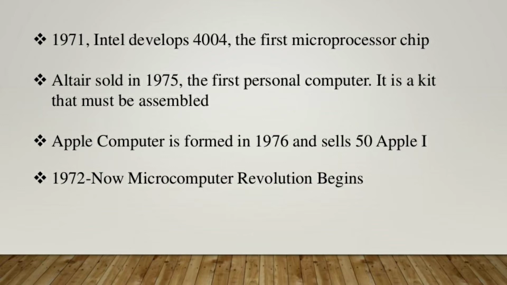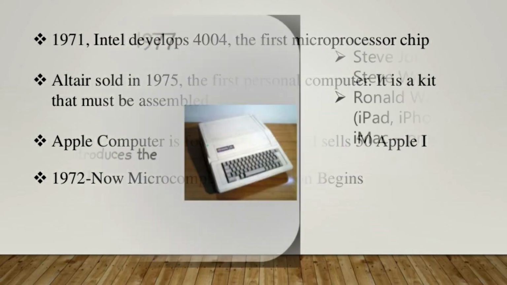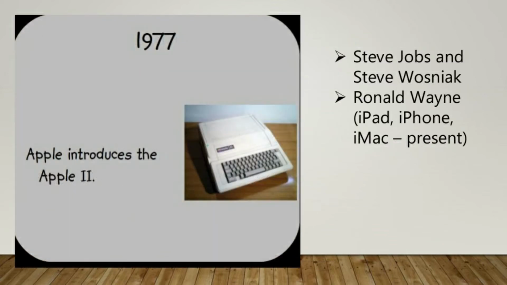Apple Computer is formed in 1976 and sells 50 Apple I. The microcomputer revolution begins. In 1977, Steve Jobs, Steve Wozniak, and Ronald Wayne, followed by the iPod, iPhone, and iMac, up to the present.